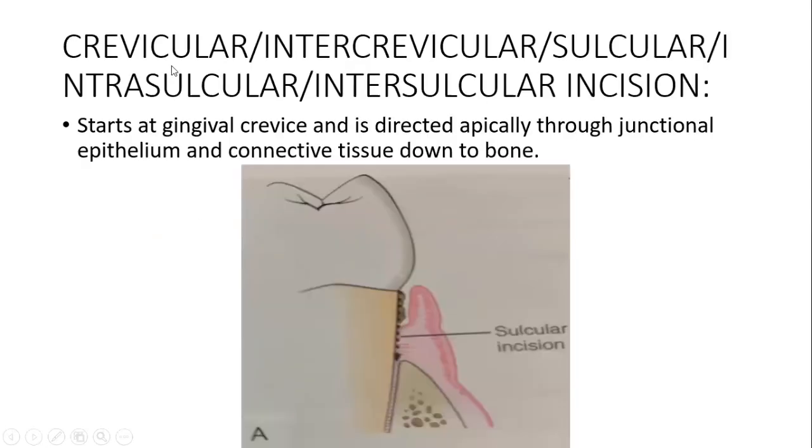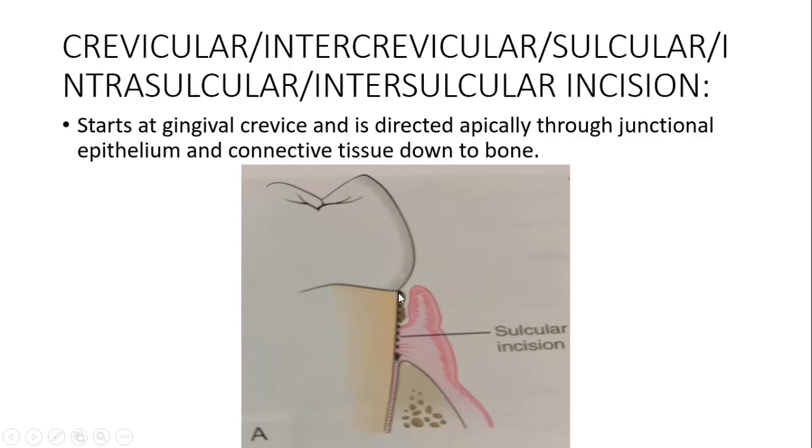Now, another incision we have is the crevicular incision. In the book, you will find several names for it: crevicular, intracrevicular, and sulcular, intrasulcular incision. Talking about this incision, it starts at the gingival crevice. I hope you are familiar with this term too.